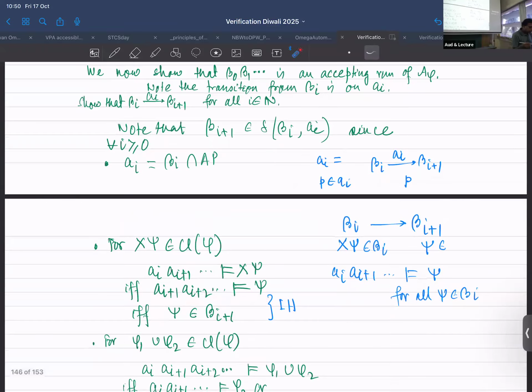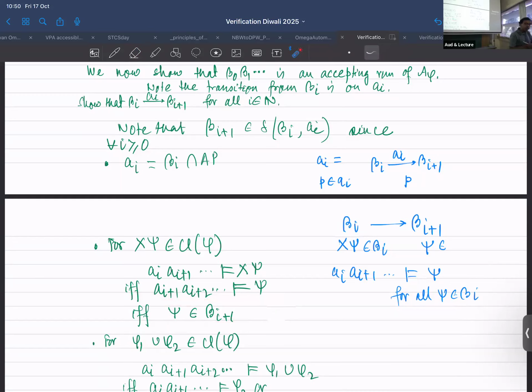And again, by the definition of beta I plus 1, if this is satisfying psi, then psi should belong to beta I plus 1, right?